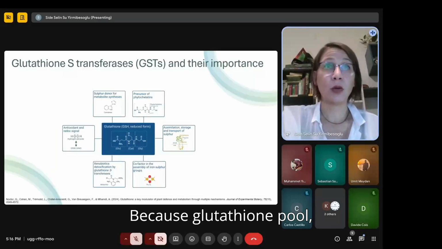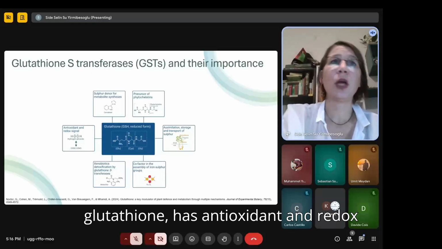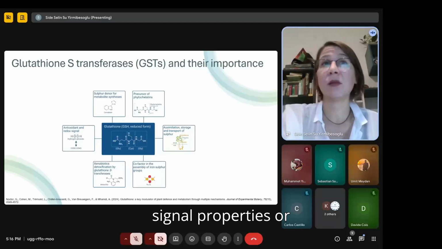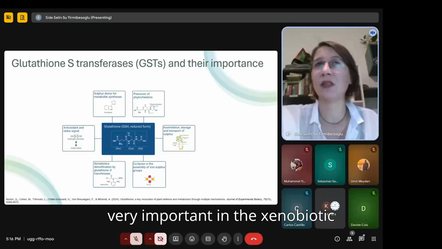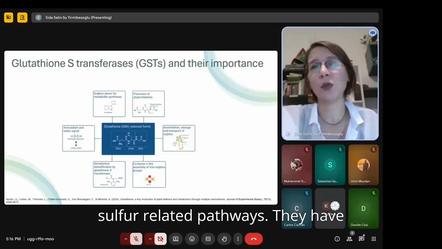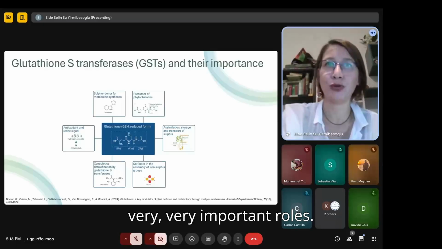Because the glutathione pool, especially the reduced form of glutathione, has antioxidant and redox signal properties, and is very important in xenobiotic detoxification, or some sulfur-related pathways. They have very, very important roles.